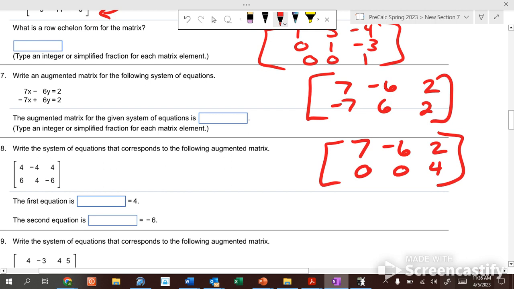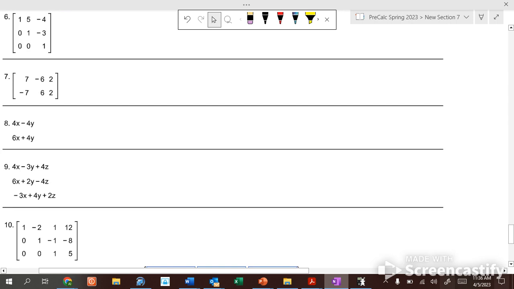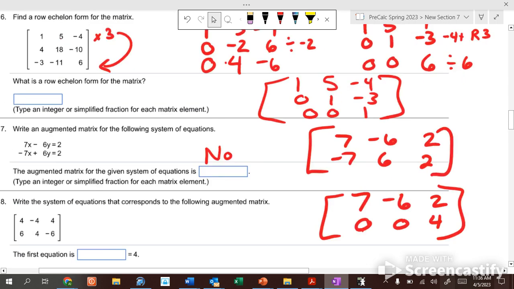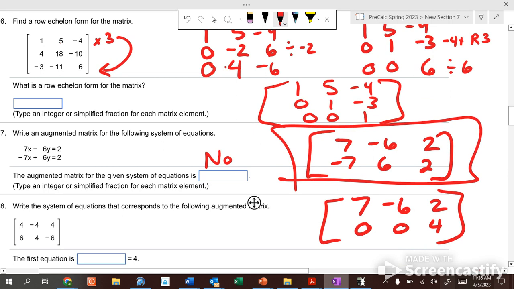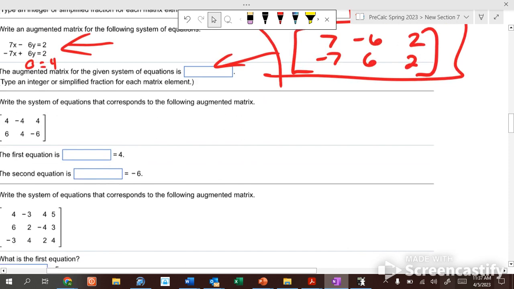If I have two zeros here, and I can't get a 1, because there's no way I can get a 1 there, right? It should be no solution. Oh, they just wanted me to write it down, the first one. Because it's going to be a no solution for this system of equations, because we're going to get 0 equals 4. So, all right.